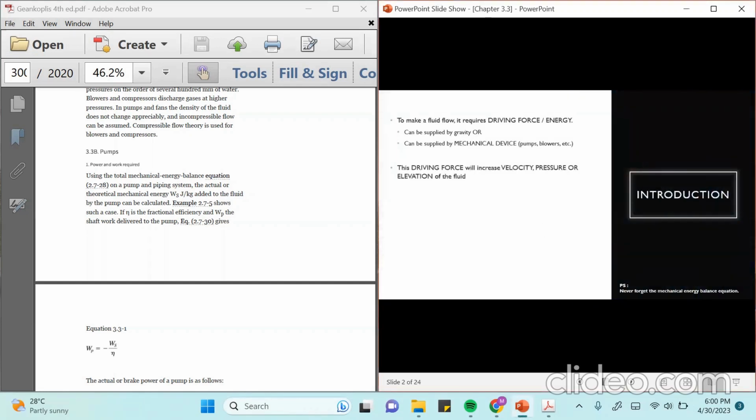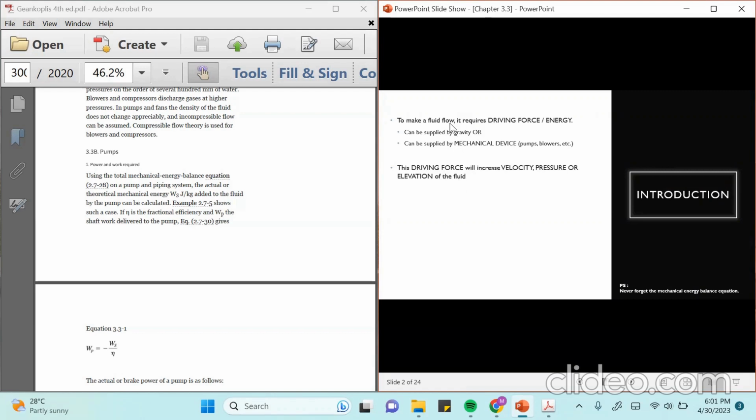So to make a fluid flow, it requires driving force or energy, as you can see here. It can be supplied by gravity, or it can be supplied by a mechanical device such as pumps, blowers, and others. Now, the driving force will increase the velocity or the pressure or the elevation of the fluid.